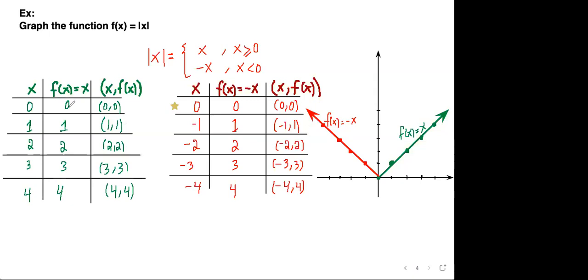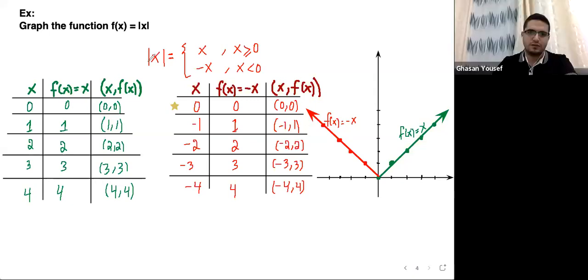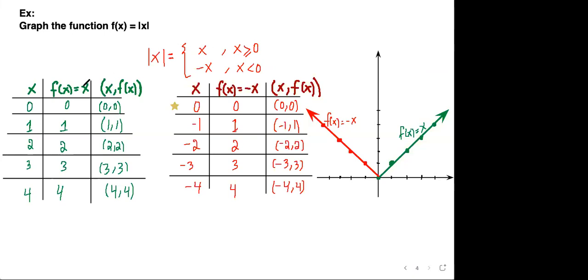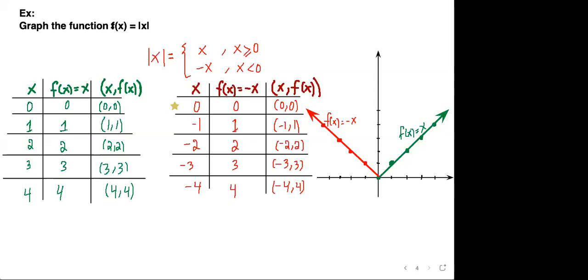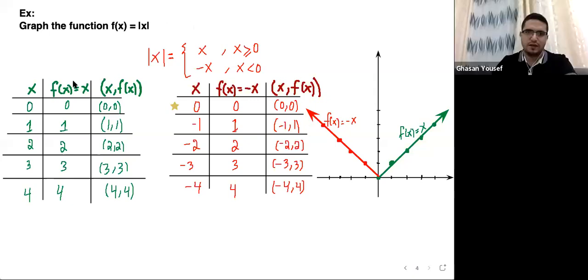I start from this function f of x equal x, and in the second function f of x equal minus x. It's like a piecewise function. Oh, okay, got it. You just put the piecewise function domain. So I start from the domain.